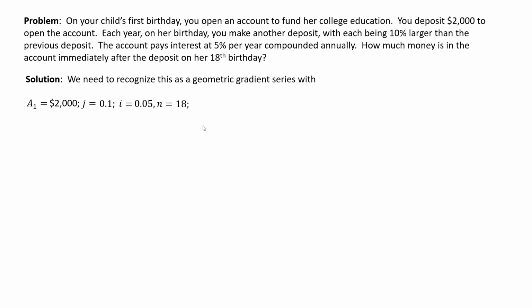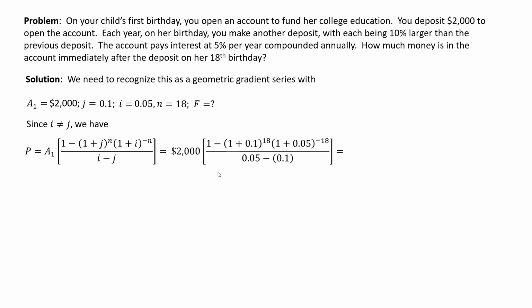So n is 18. F is what? Since i is not equal to j, we'll apply that formula, plug and chug, and it turns out to be $52,410.42. Man, I cannot seem to read numbers.